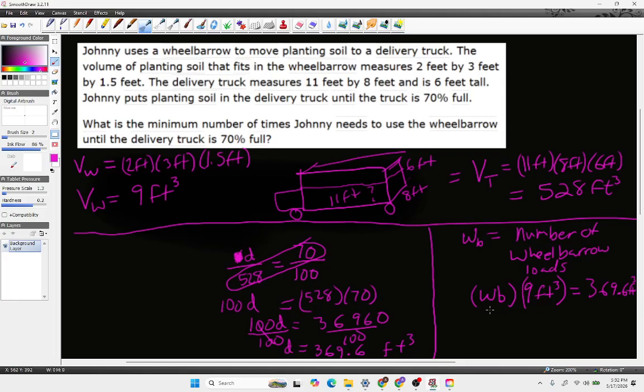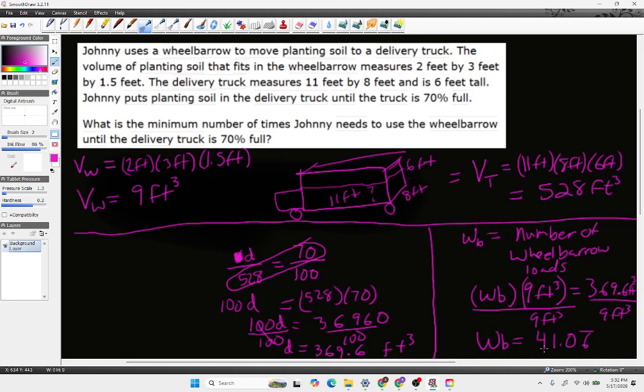And then I'm going to solve for the loads of wheelbarrow by dividing both sides by 9. And we're going to get a value of 41.06 repeating loads of the wheelbarrow.